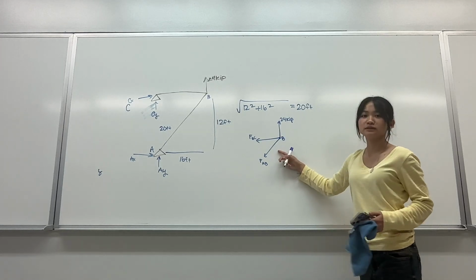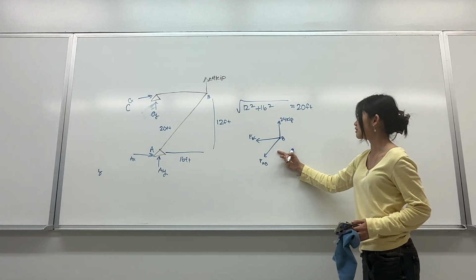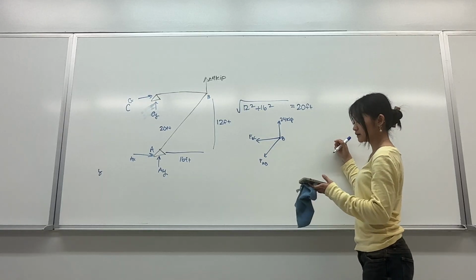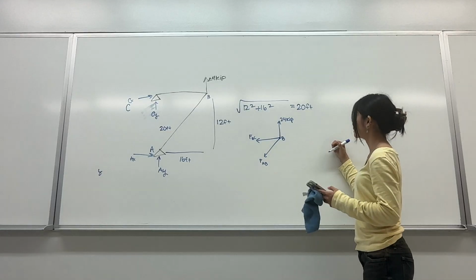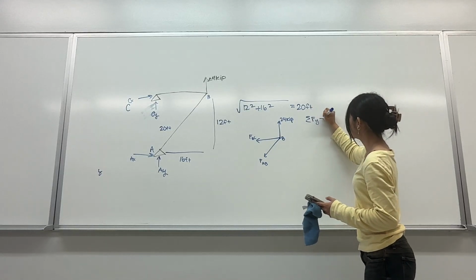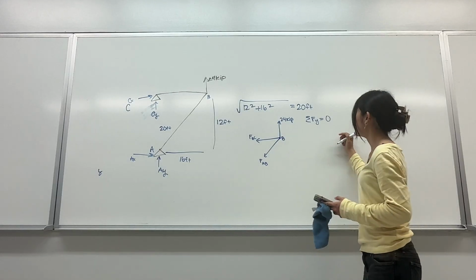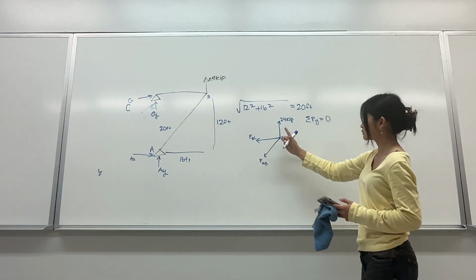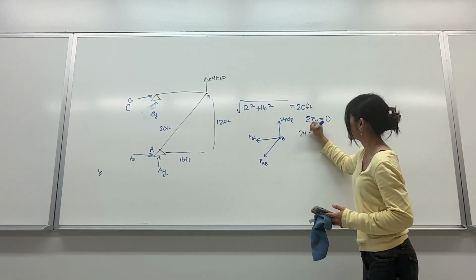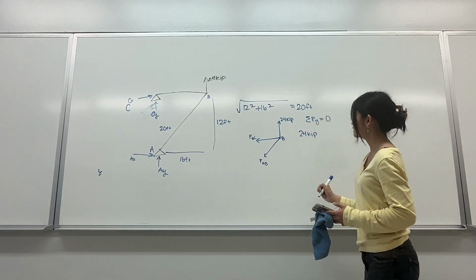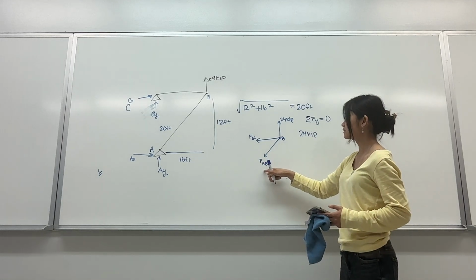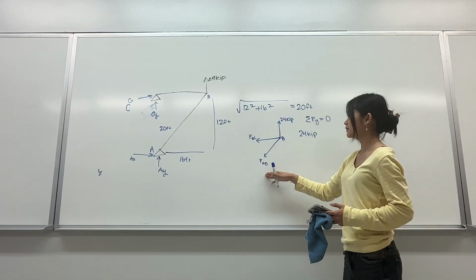With this, we can make our equilibrium equations. We can start by doing our y forces, which would equal 0. We have our upward force here, positive 24 kips, and then we have our diagonal force, force AB.